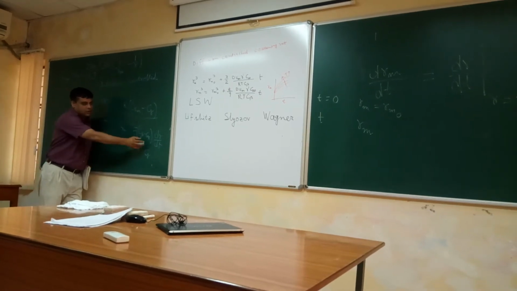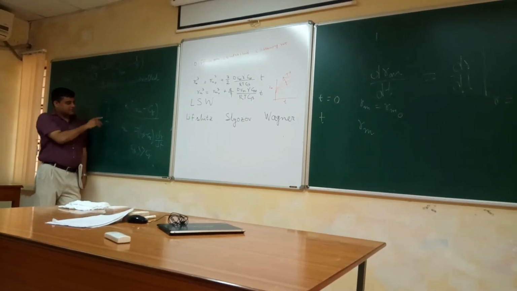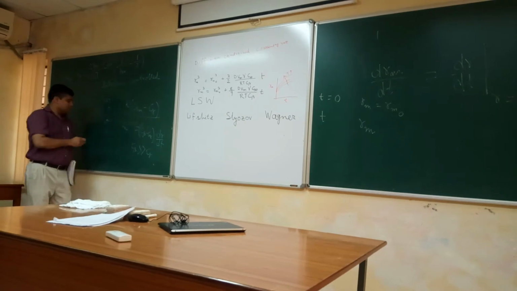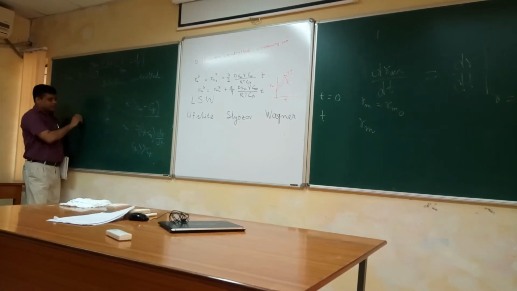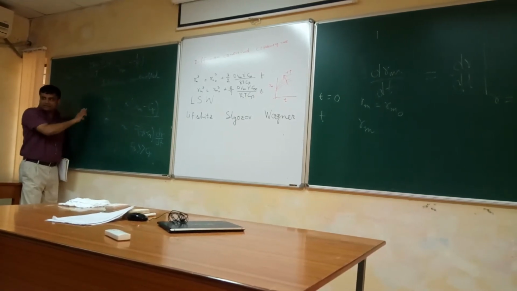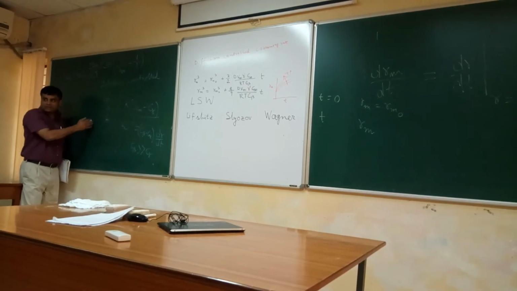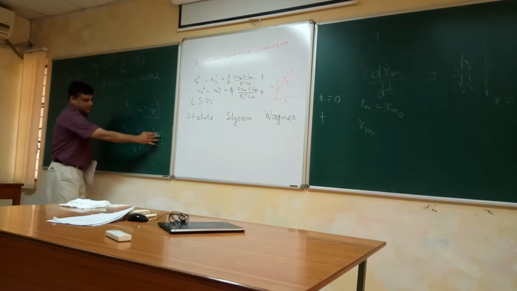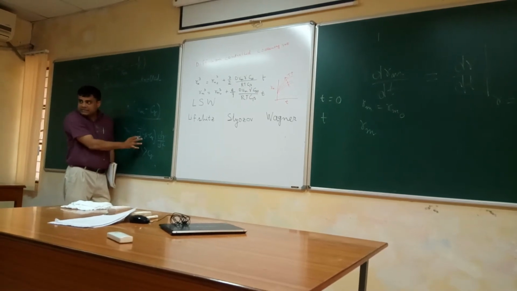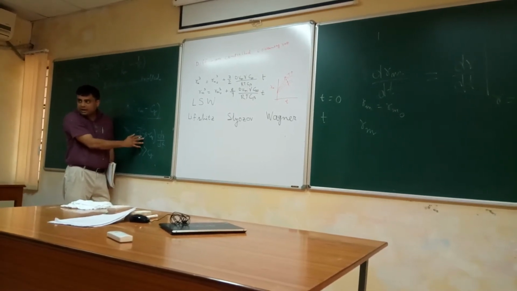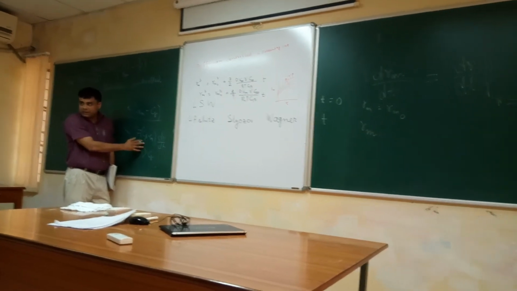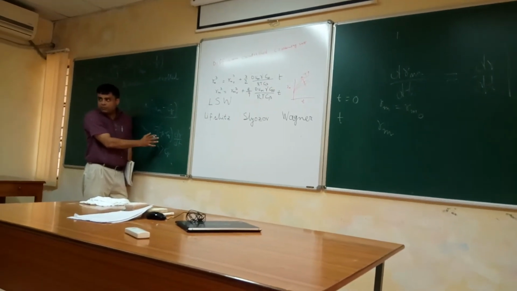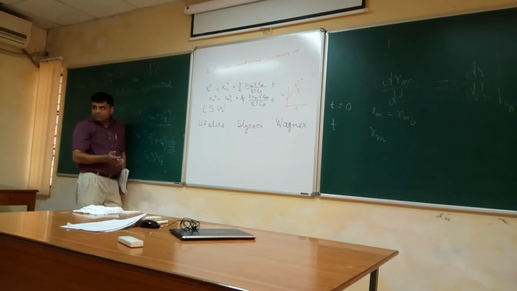And this is your concentration difference. If at an interface there is a concentration difference, C beta minus CR, and the interface grows at a particular velocity, in meters per second, then moles per meter cube times meter per second will give you moles per meter square per second.